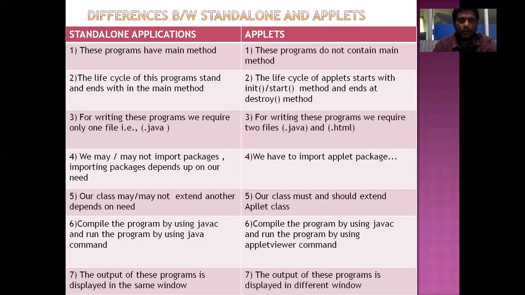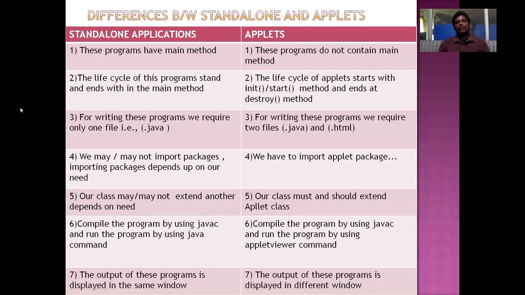Coming to the third difference between standalone applications and applets. For writing programs in standalone applications, we require only one file. We may have any number of classes, but we save the program with the class name which has the main method.